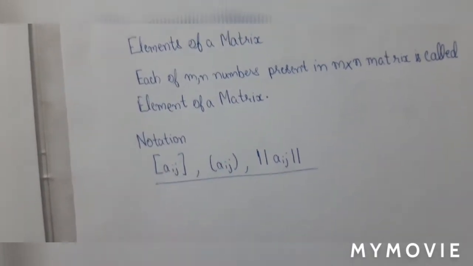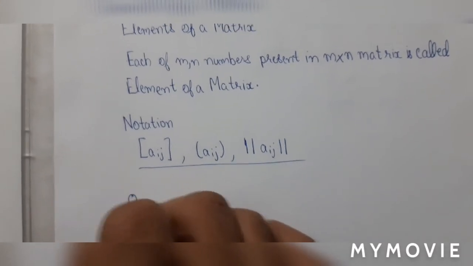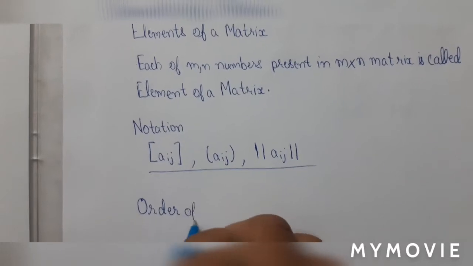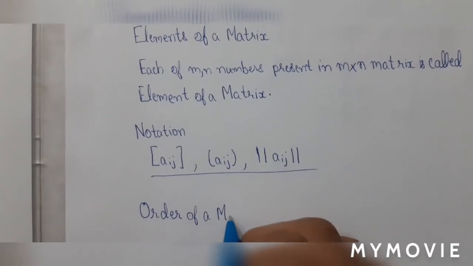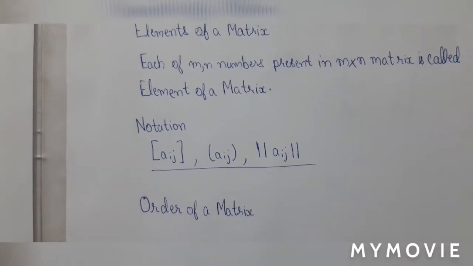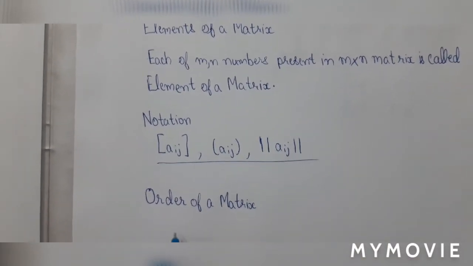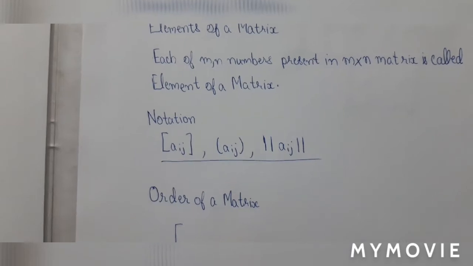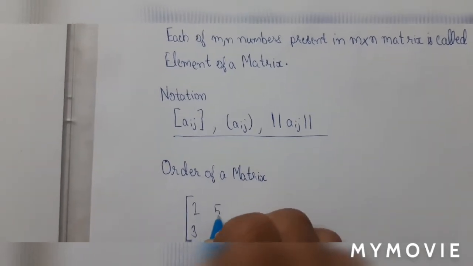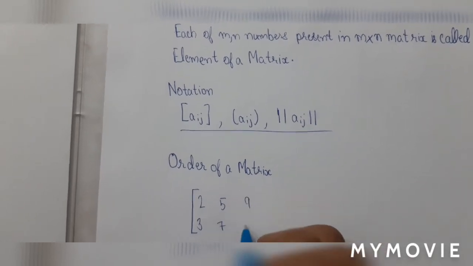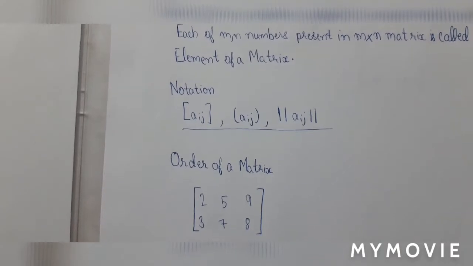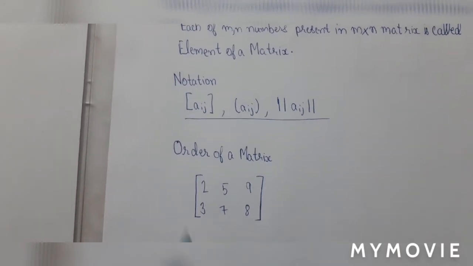So the next comes the order of a matrix. Let's take an example of a matrix. I took 2, 3, 5, 7, 9, 8. So I took an example of a matrix.